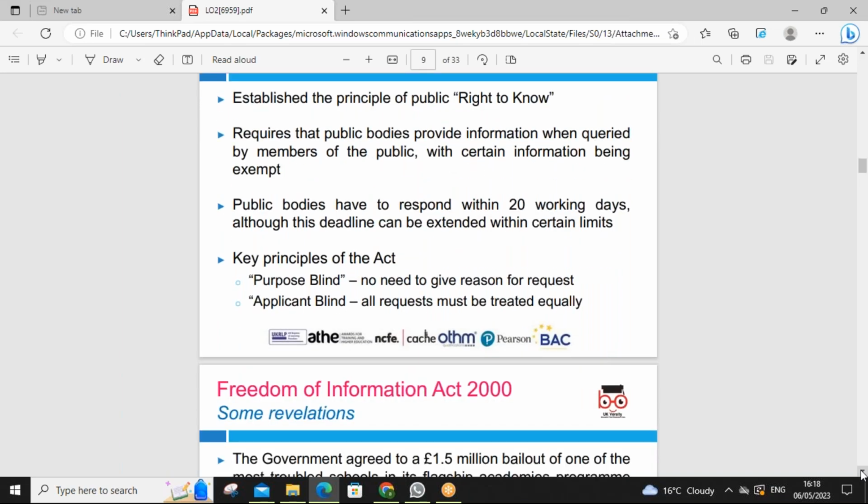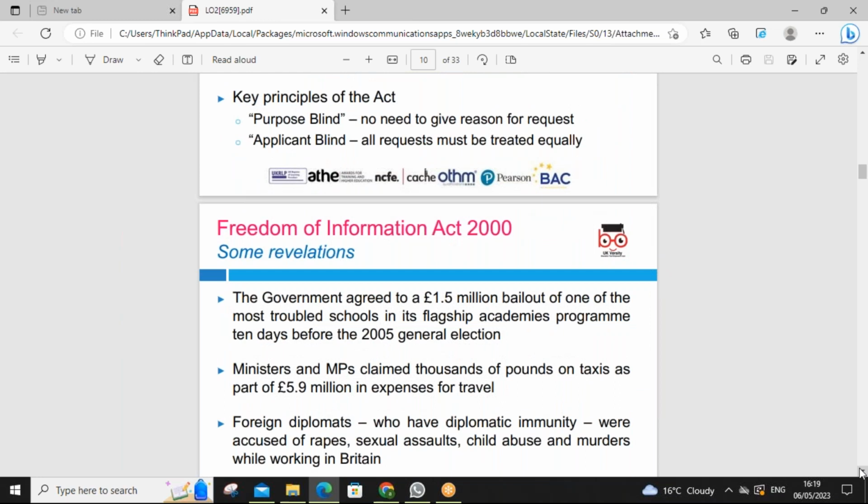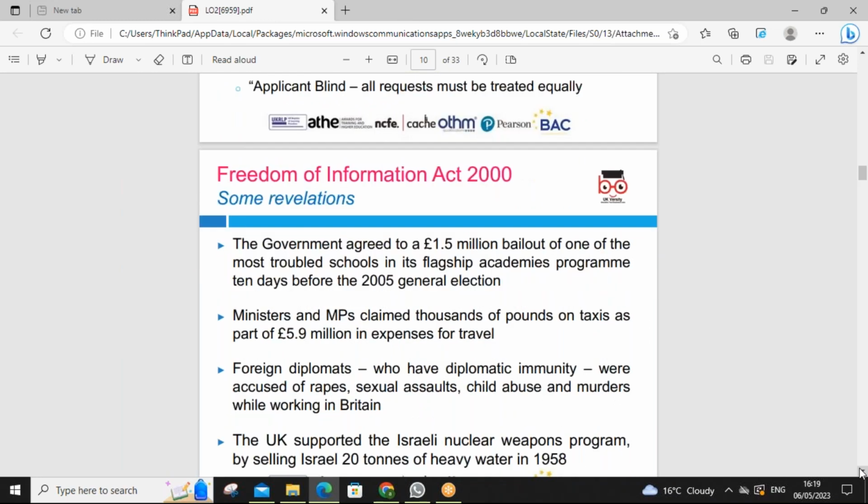We can look at those as well, and at some point next lesson I'll go through them. Public bodies have to respond within 20 days, although the deadline can be extended within certain limits. The key principle of the act: applicant blind, with no need to give a reason for the request.